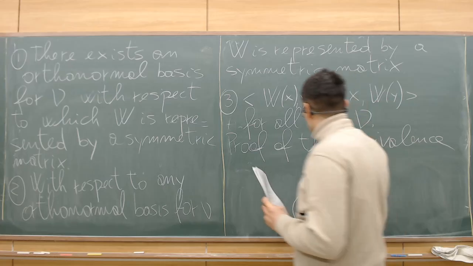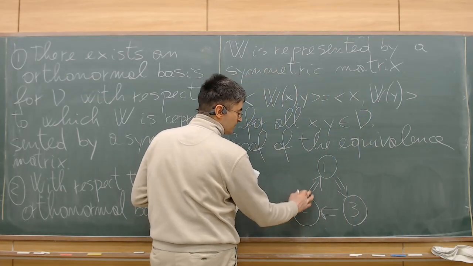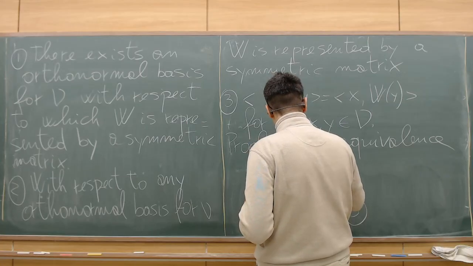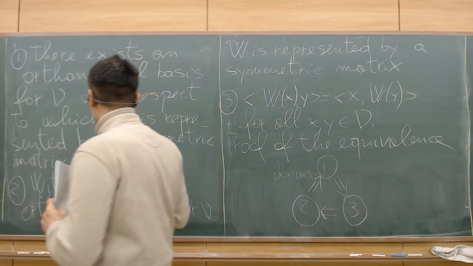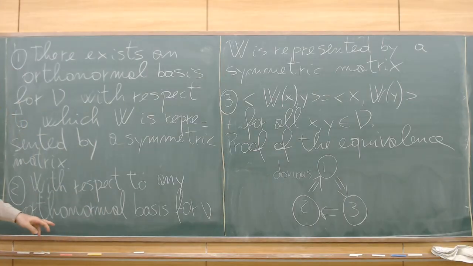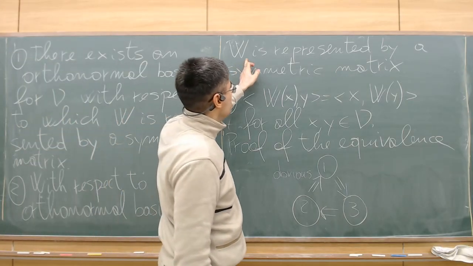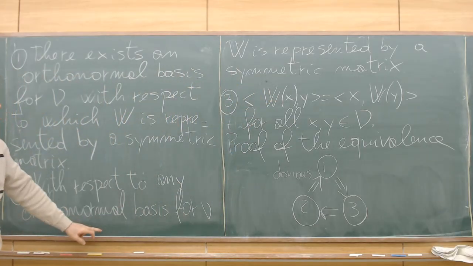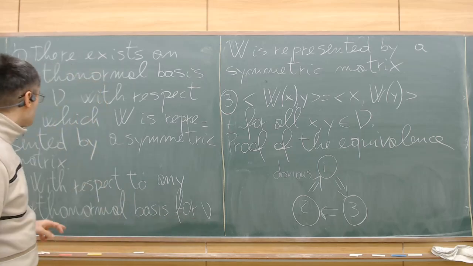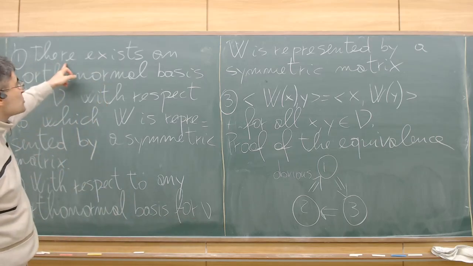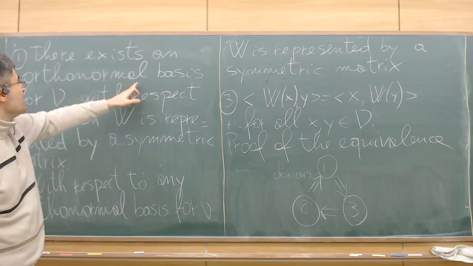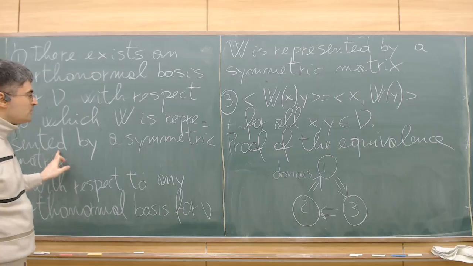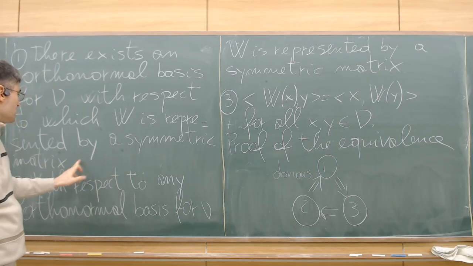Clearly, the fact that 2 implies 1 is obvious. Why? Because if W is represented by a symmetric matrix with respect to any orthonormal basis of nu, it is true that there exists an orthonormal basis for nu with respect to which W is represented by a symmetric matrix.